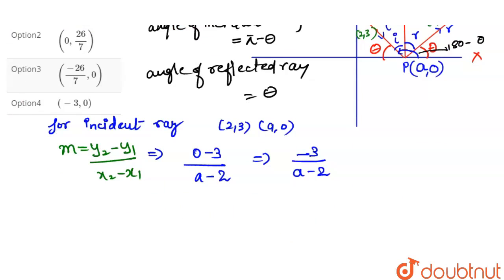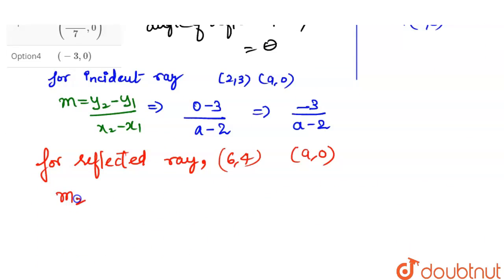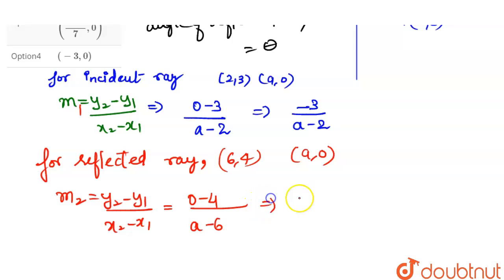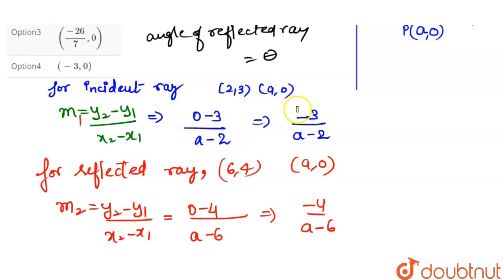Now we will find the slope for the reflected ray. For the reflected ray, the points are 6, 4 and again a, 0, because this is the intersecting point. So m2 will be y2 minus y1 upon x2 minus x1, which is 0 minus 4 upon a minus 6. This becomes minus 4 upon a minus 6. So m1 is minus 3 upon a minus 2 and m2 is minus 4 upon a minus 6.